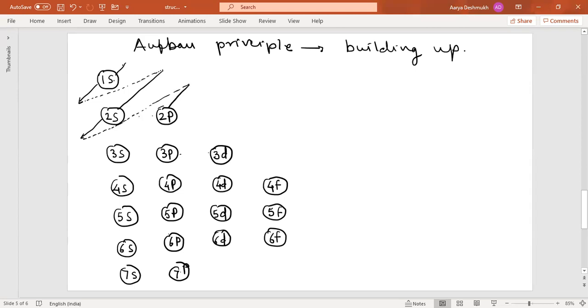After 1s, then 2s, then 2p. After this 2p, what comes in between? That is 3s. Then go straight up without any disturbance, then come down. After 3s there will be 3p. After 3p there will be 4s.